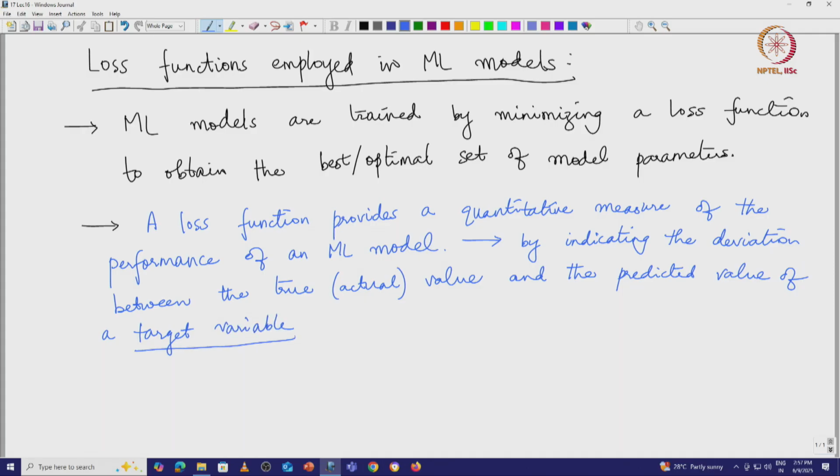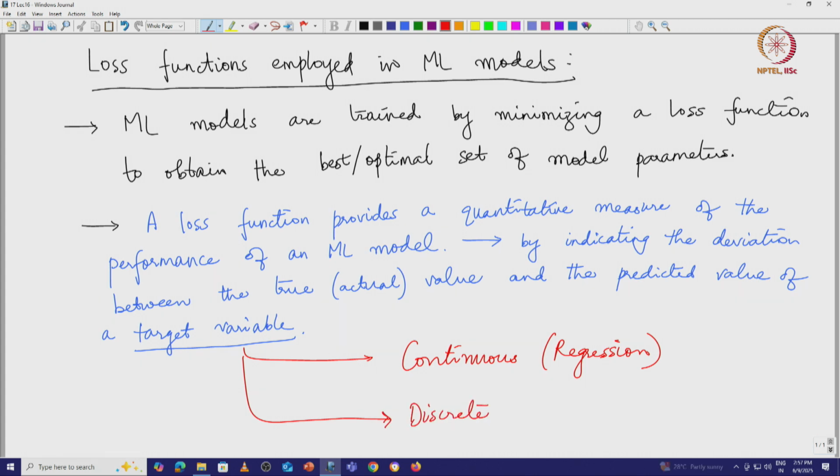And you know that this target variable can either be a continuous variable in a regression problem, or it can be a discrete variable in a classification problem. In today's lecture, we will look at both types of loss functions which are designed for continuous variables and loss functions that are designed for discrete variables.